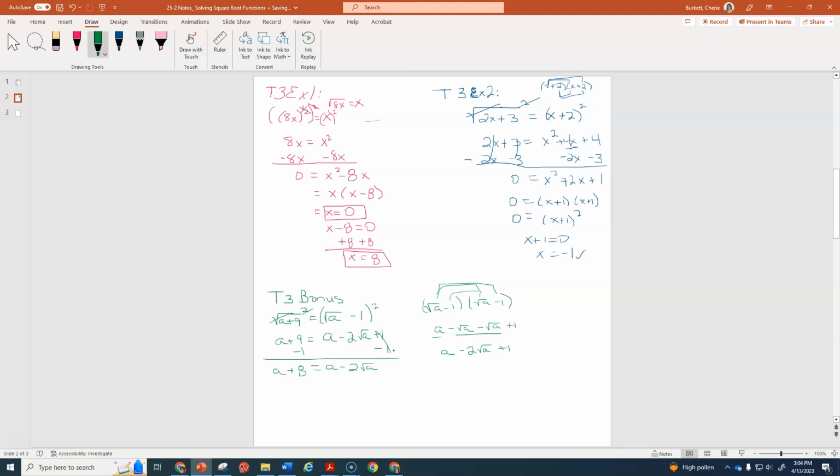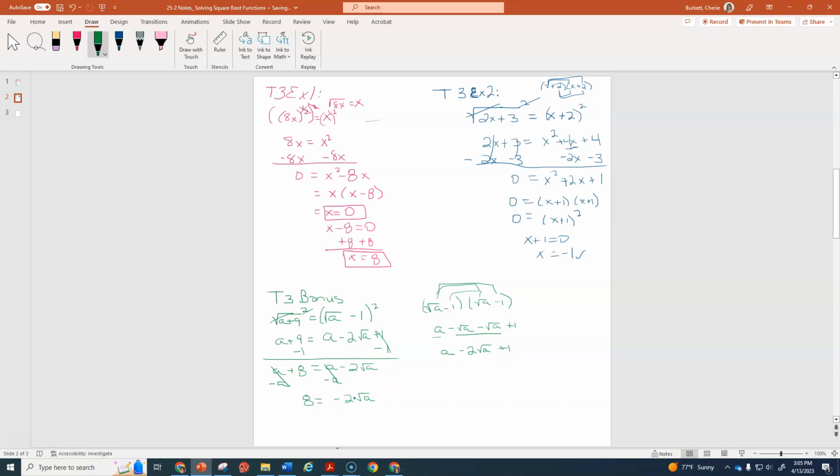I need to get rid of the a. I can move this a over here. They're both positive, so if I do minus a right here, then I have to do minus a right here, and they add out. So I'm left with 8 equals negative 2 root a.